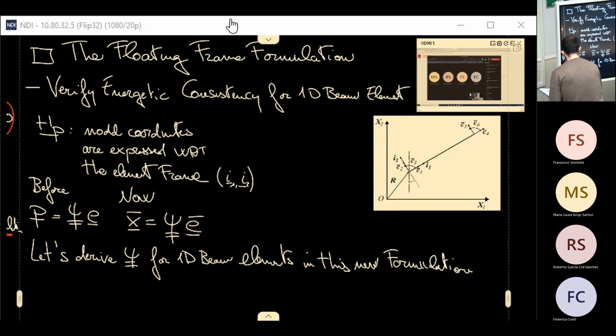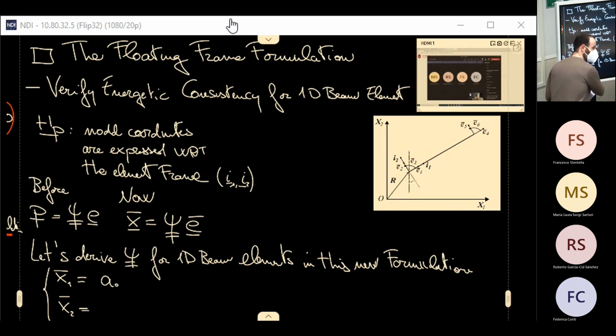And again, what we do is to basically assume a polynomial expansion. The physics does not change, no? It's always a 1D Euler beam. So we can use the same exact expansion. So we have H0.